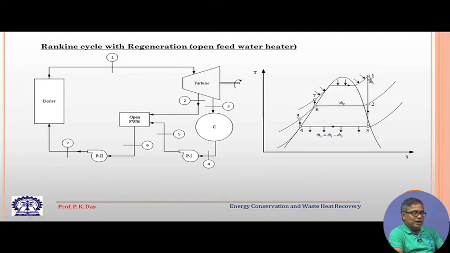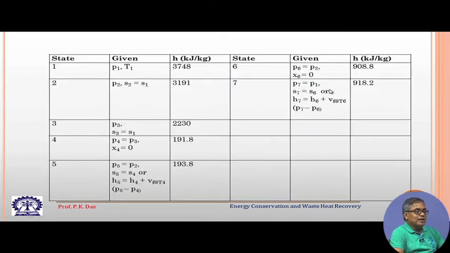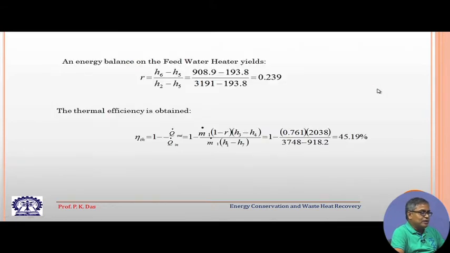So the amount of heat given in the boiler is equal to H1 minus H7, that will give us the heat transferred to the working fluid in the boiler from the fuel. All right. So P7 we have got and the enthalpy we have got. Next we can go to the next calculation.